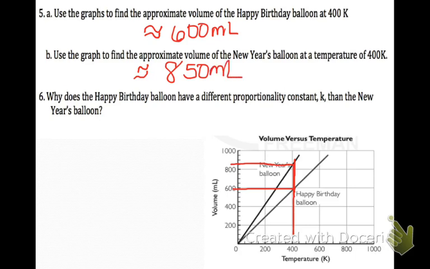So for number 6, why does the Happy Birthday balloon have a different proportionality constant K than the New Year's balloon? We have to think about what the major difference was between the two balloons. Go back and read the problem if you need to. If you noticed, the Happy Birthday balloon only had 3 breaths in it, and the New Year's balloon had 5 breaths.